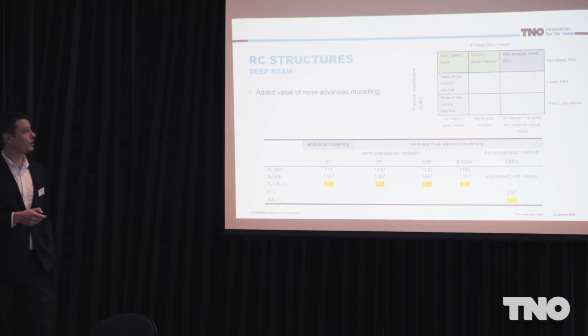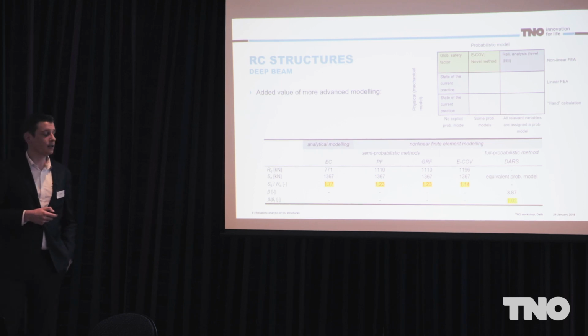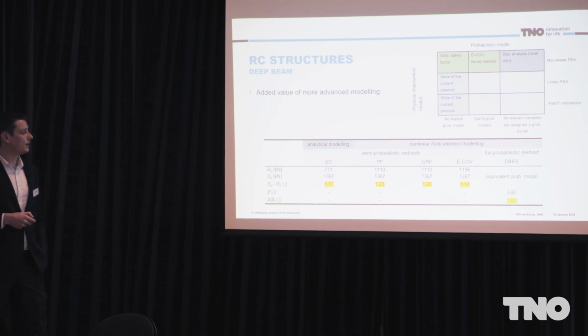And what is more important especially for practice, here is a table which compares different modeling approaches. Going back to the table I mentioned already, if we extend our model in this dimension, considering a more advanced mechanical model, which is in this case a nonlinear finite element model, these 4 columns indicate the gain we can get. Here, the first column is the Eurocode-based state-of-practice approach, just using a strut-and-tie model.